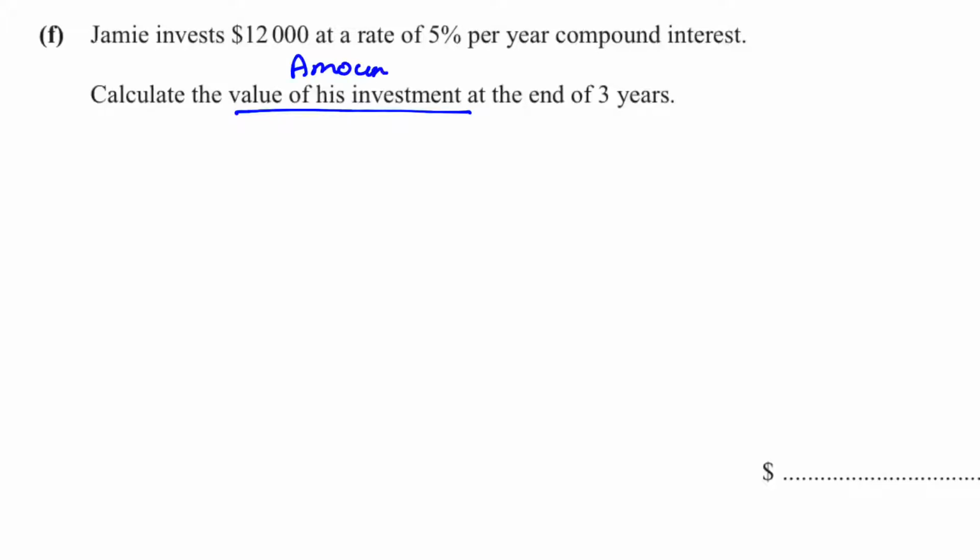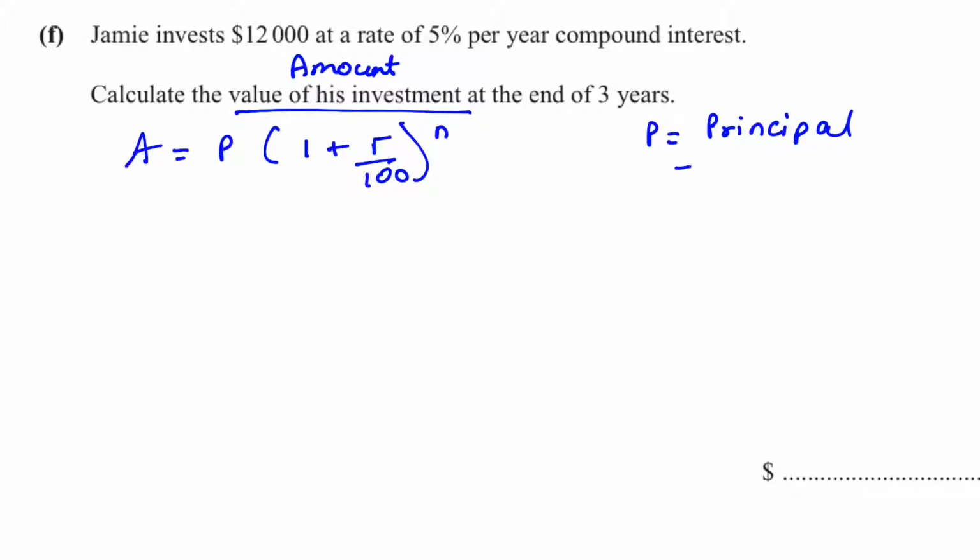So using the compound interest formula, amount is equal to principal times 1 plus r over 100 to the power of n. P is your principal, the starting amount that you invest. R is your rate of interest. And n is the number of years.